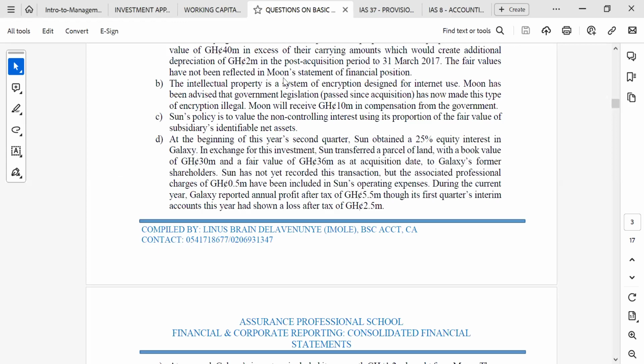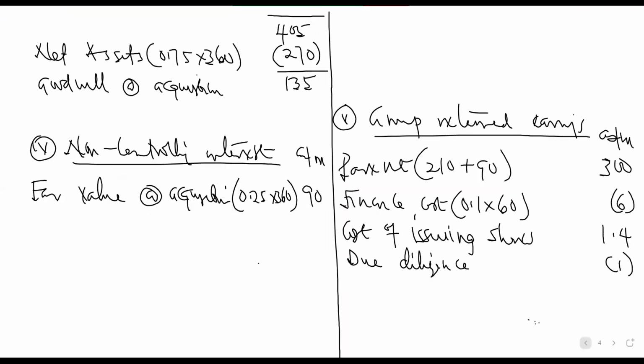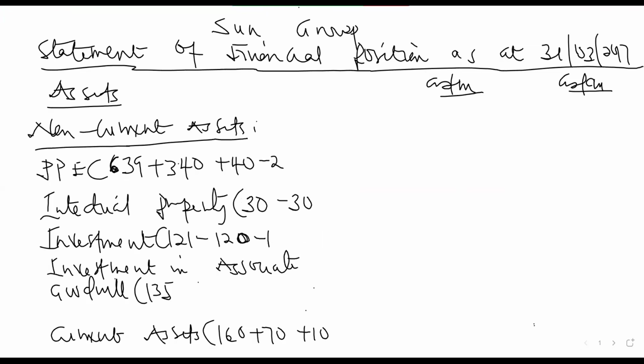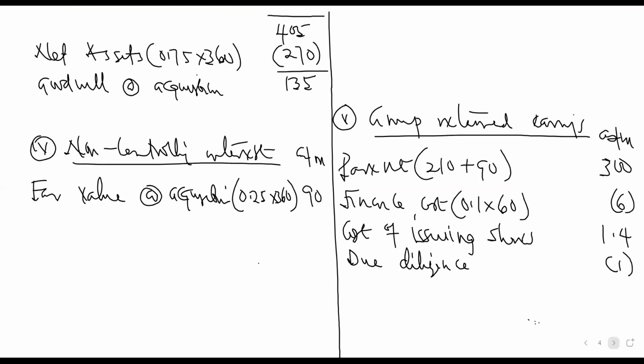So the land is part of the PPE for Sun. So you go and take the 30 from the PPE there. But what is happening? We are giving something that is worth 30 at 36. What is happening there? There's a gain. So you have the gain on transfer of land, and that will be shown as a gain.